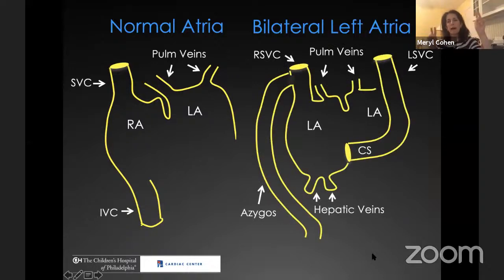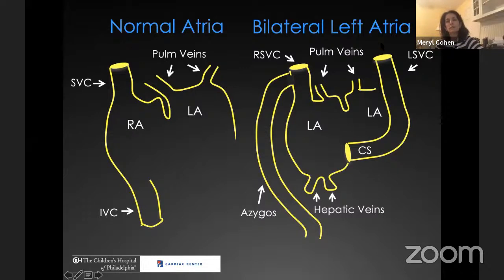And when you have bilateral left atria, you'll now have absence of the hepatic portion of the inferior vena cava. And so the blood from the lower half of the body has to make its way through an azygos to one of the superior vena cava. You will frequently have bilateral superior vena cava, and you will have ipsilateral pulmonary veins.